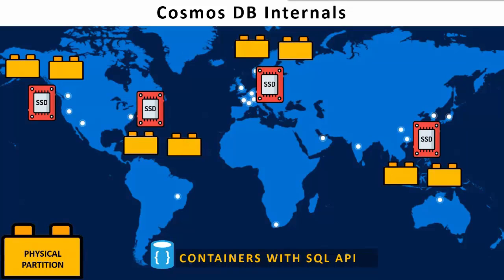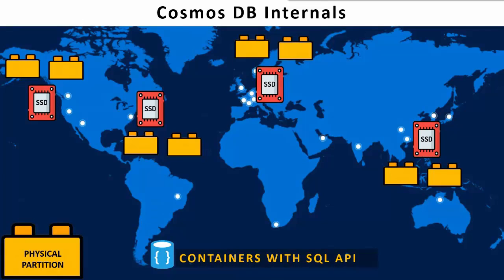The number of physical partitions is going to depend on how much data you store in the database. This is the layer that we know about, but we have absolutely no control to change anything in this layer. Microsoft manages everything in the physical partition.